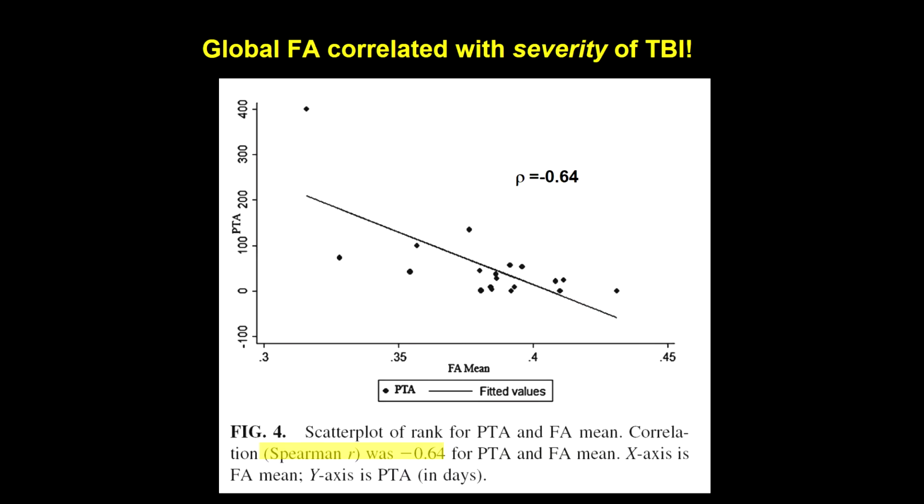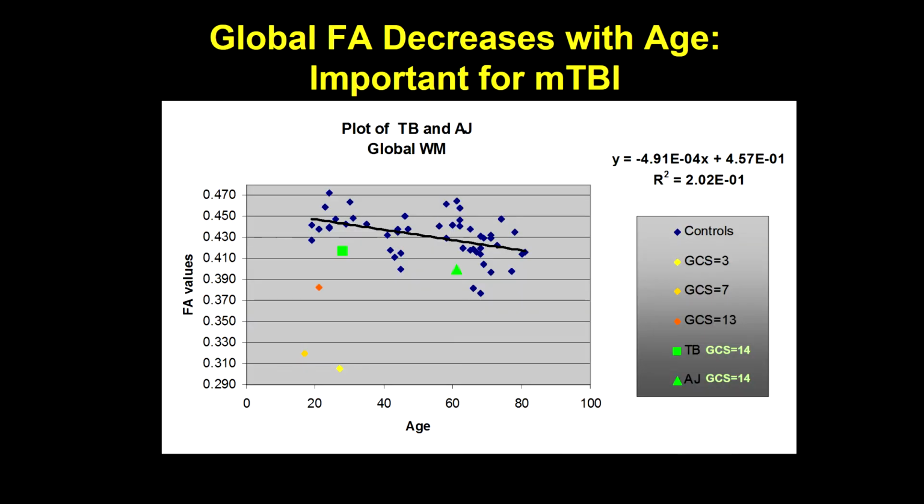And in fact, not only did it correctly categorize these individuals, but we found that the degree of anisotropy correlated with an index of injury severity called post-traumatic amnesia, with a correlation coefficient quite high at minus 0.64.